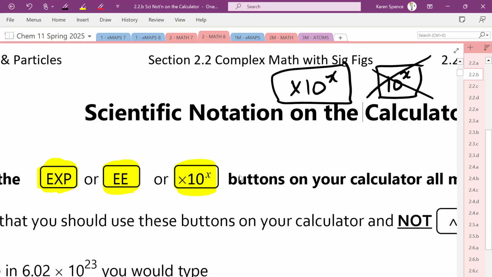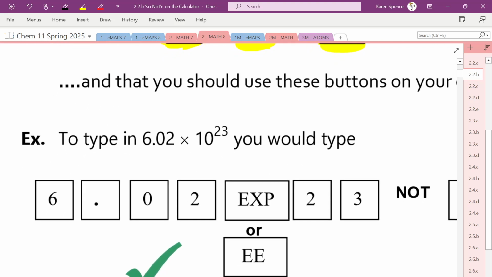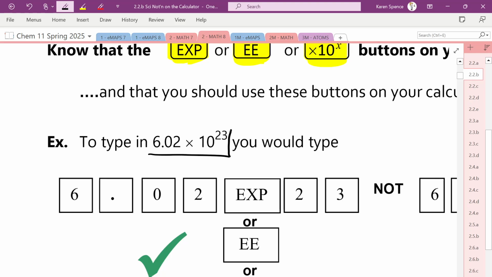Each of these buttons does the same thing. They all mean times 10 to the something. So they all are there to do scientific notation for you. Okay? So here is how you are going to type in the number 6.02 times 10 to the 23.